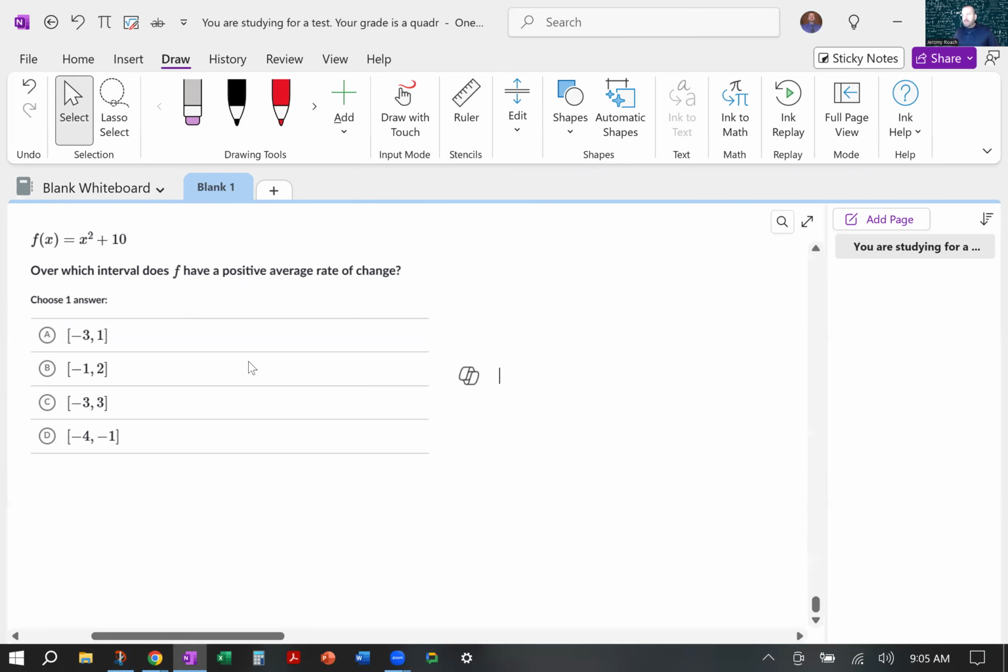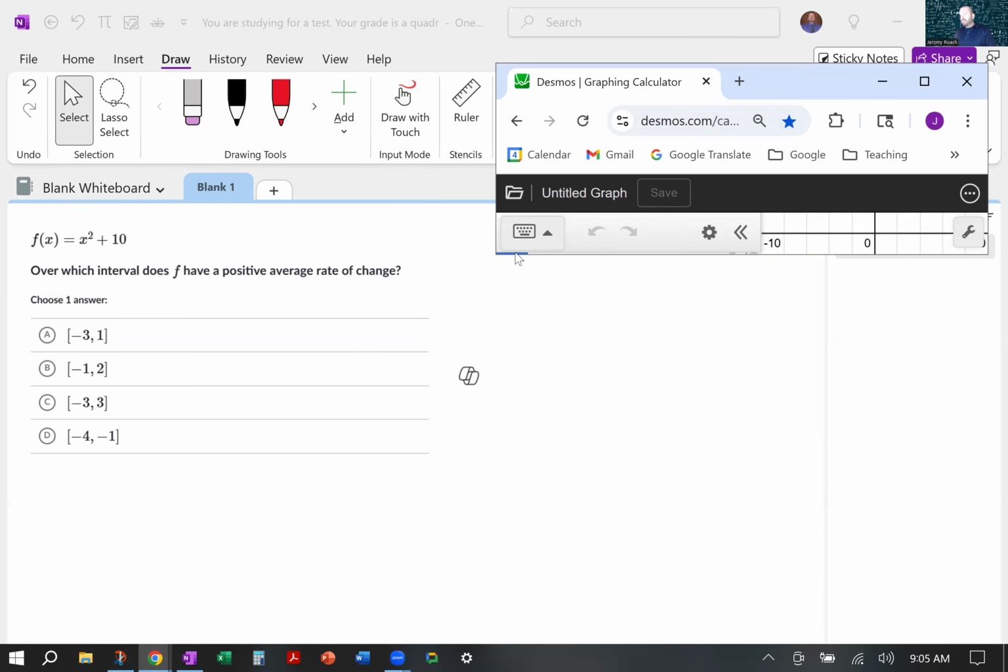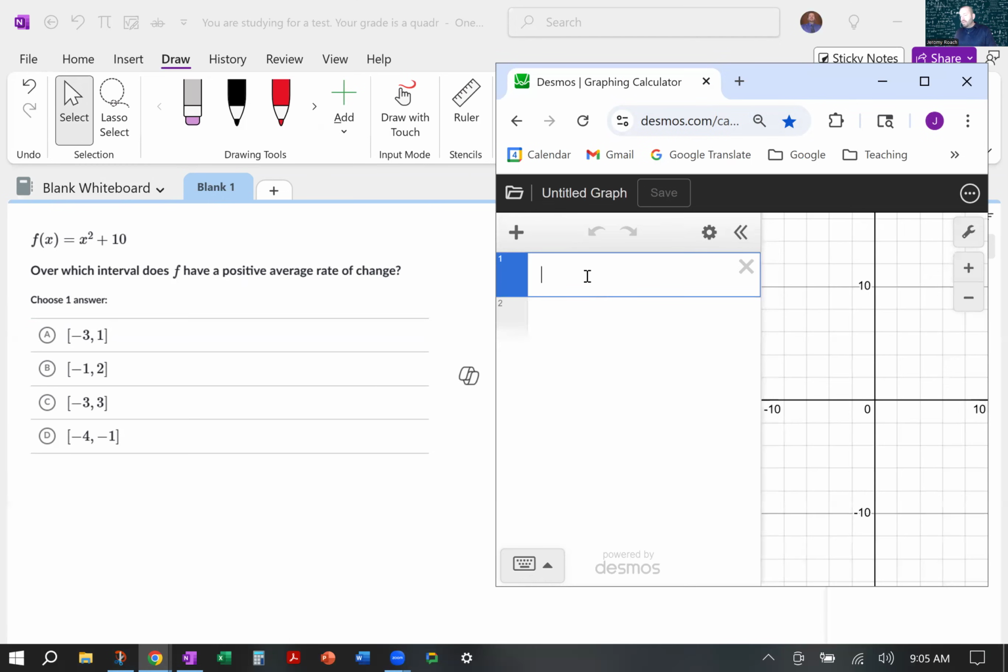F of x is pretty much just like saying y equals. So let's go to Desmos and we'll take a look at the graph of this x squared plus 10. So I'm just going to type f of x equals x squared plus 10. And that's our graph right there.